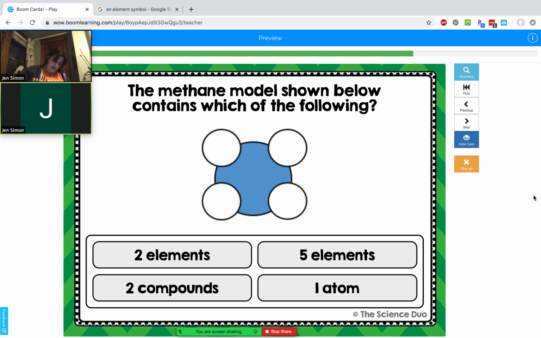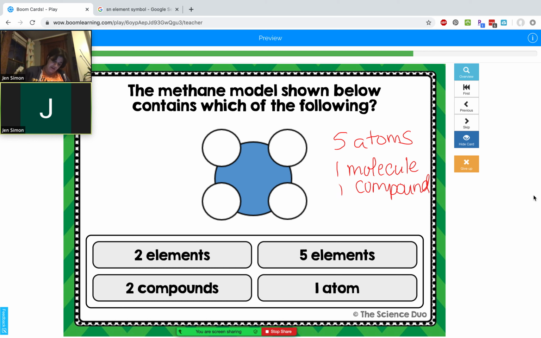So it's showing me, just if you remember back to when we counted atoms, I have 1 here in the middle, plus 2, 3, 4, 5 atoms. I don't see that as a choice. I can also think of this as 1 molecule or compound because they're all stuck together. That's not a choice.